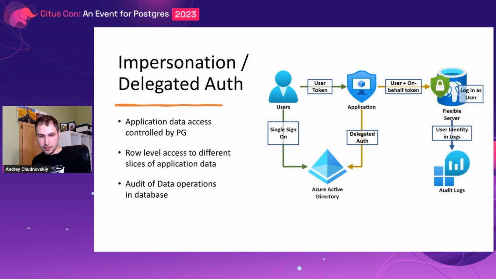Then, once this token is acquired, the application connects to PostgreSQL using the end user's Azure Active Directory username and the delegated token. In this case, the Flexible Server would interpret this connection as an end user connection and authenticate the end user.